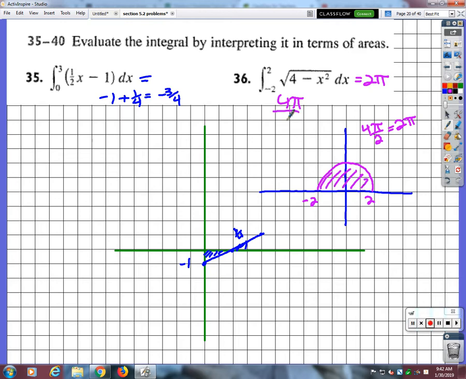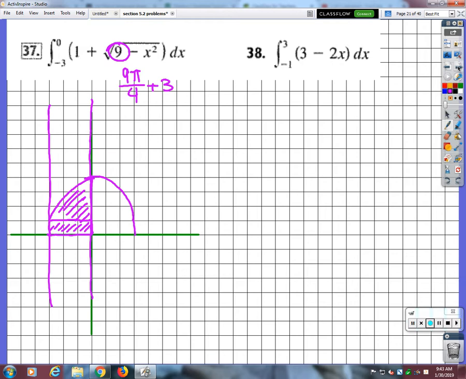So then I had to cut that in half, and that's how I got the 2 pi. So 4 pi is the area of the entire circle. But then I have to look at what I'm being asked to find and figure out what fraction of the circle I want. In this case, since I want from -2 to 2, I want half the circle. In this case, since I only want from -3 to 0, I only want a quarter of the circle, so I divided it by 4.